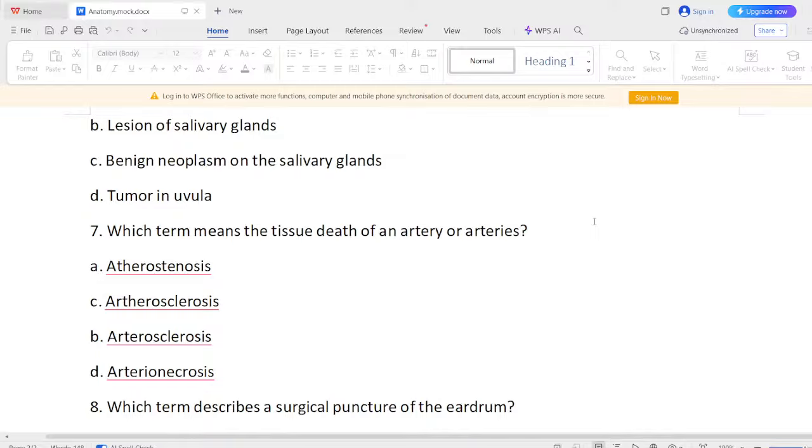Venu, actually no, D is the answer here. Tissue death means necrosis. Necrosis is the word for tissue death. So tissue death of an artery is arterionecrosis. Clear.